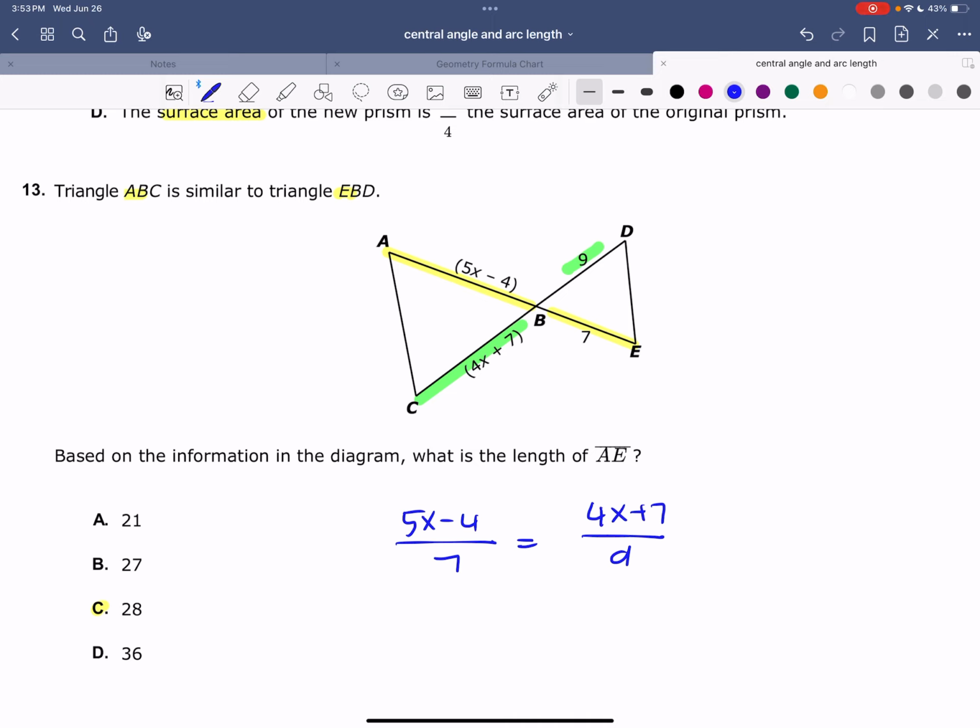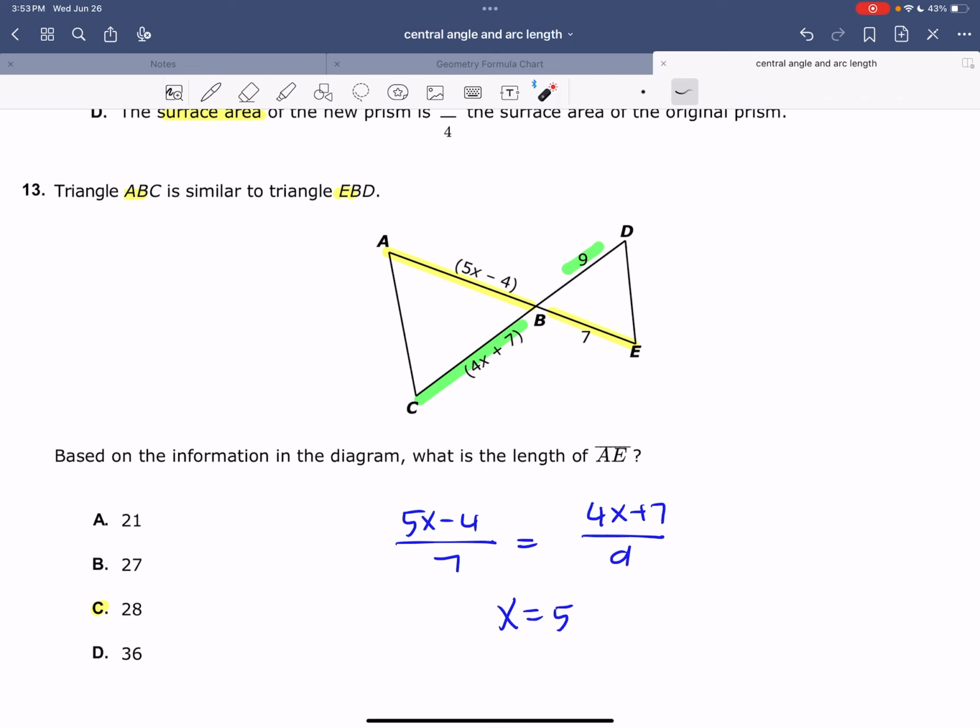So when you do it, I'm gonna use menu 31, equals 4x plus 7, 9, comma x. I get x equals 5.